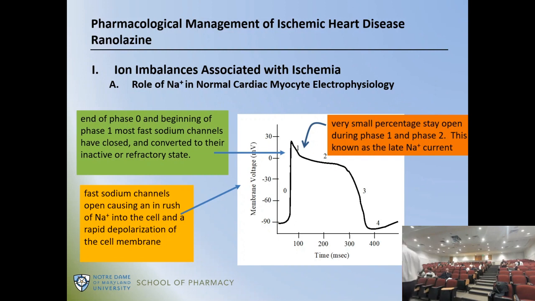They're really important in regulating the movement of some of the ions going across the cell membrane and establishing membrane potential. But at any rate, when a cardiac muscle cell is damaged, the late sodium current gets larger. So instead of 10% of the sodium channels remaining open at the end of phase 0, you might have 20 or 30 or 40% staying open.